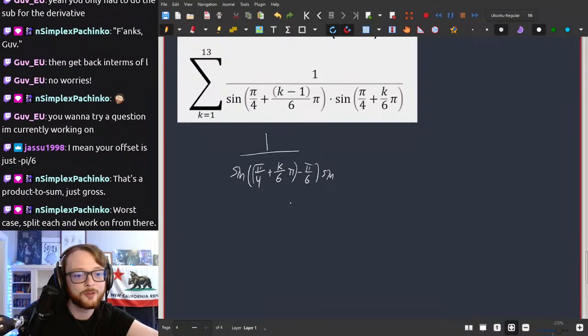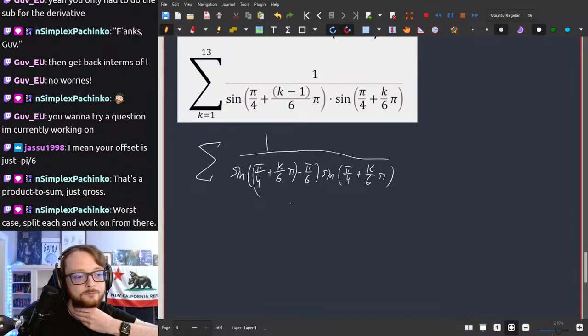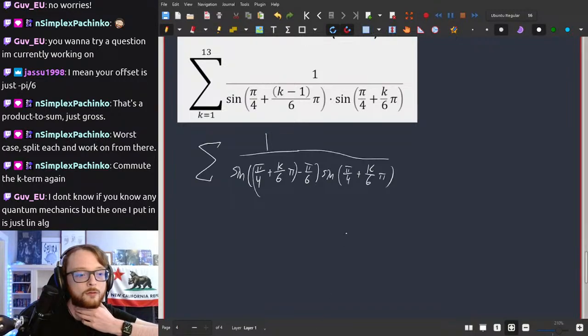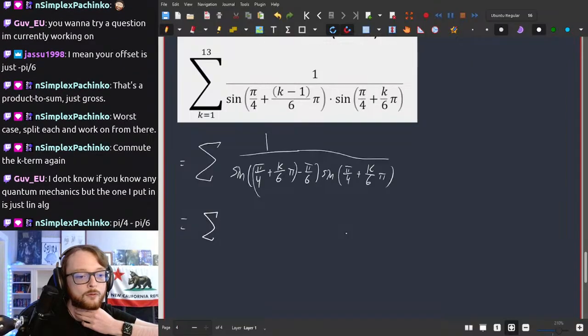Like treat that as a unit and do a difference identity for that minus that? What's the difference identity for sine? Sine, cosine, minus. Okay. Let's just see how that looks. Oh, you're right. I could do pi over 4 minus pi over 6.